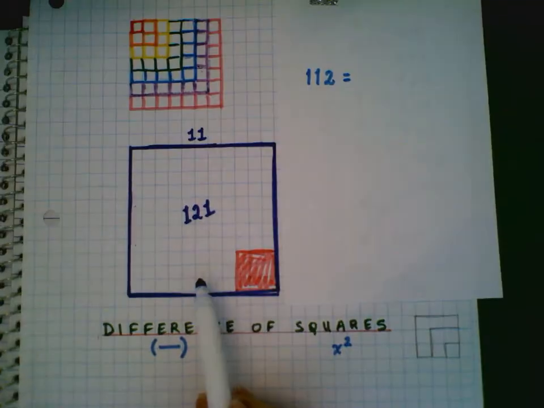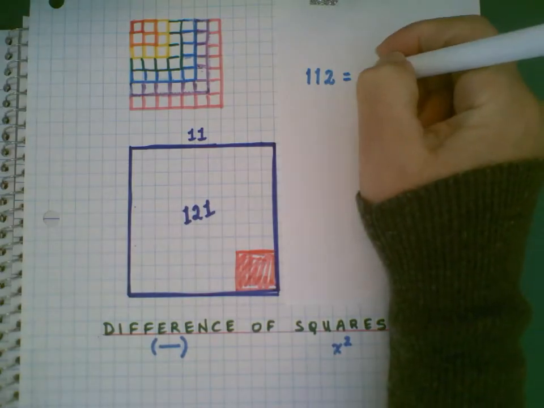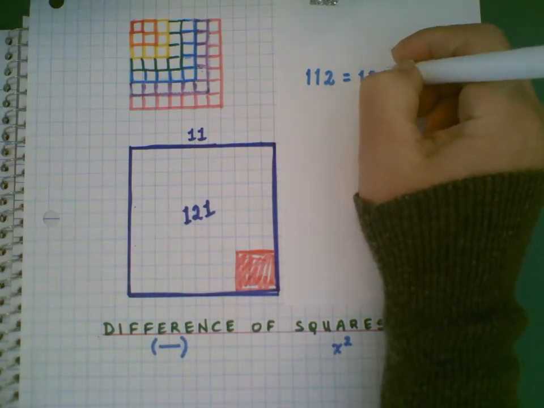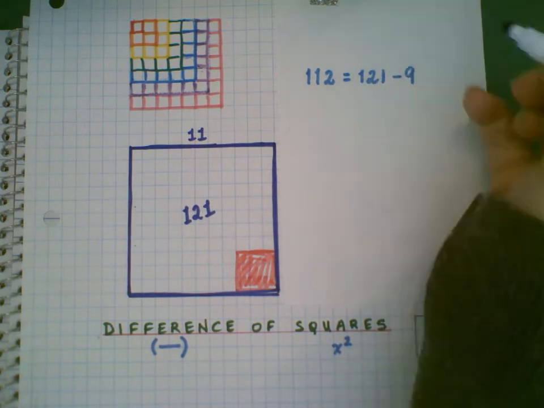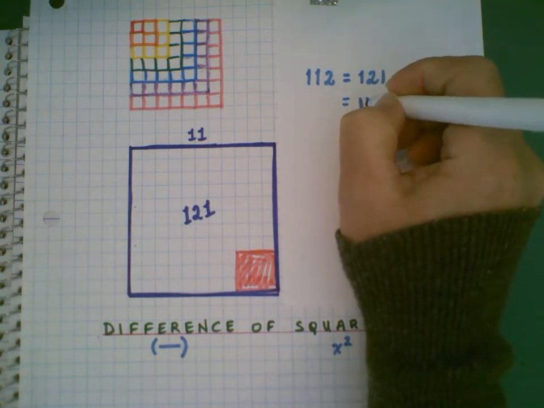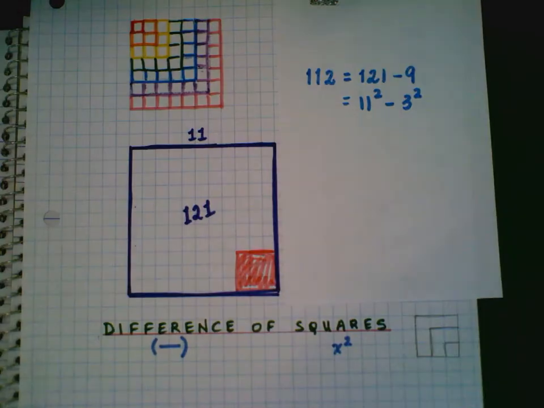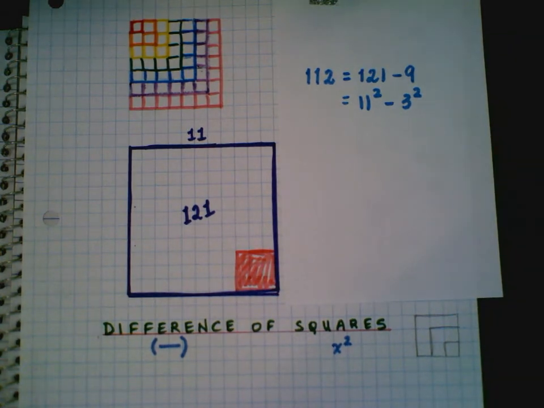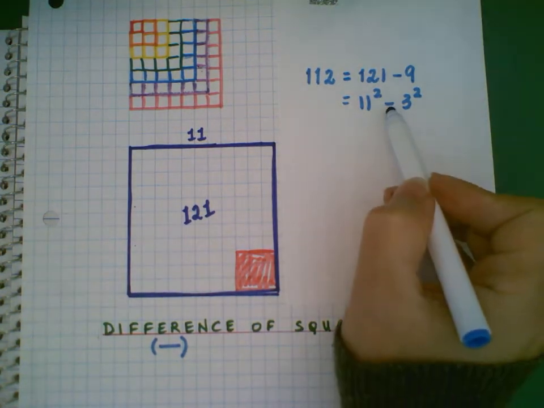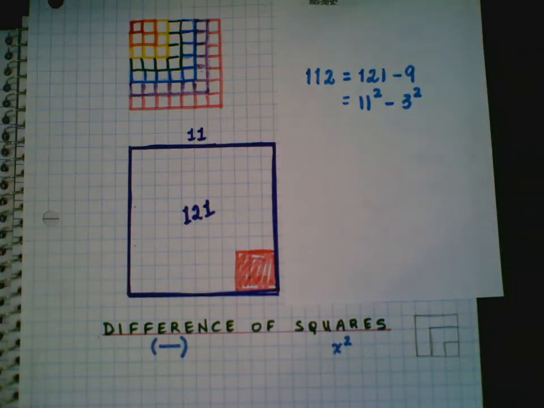So I can say that 112 can be generated by taking 121 minus 9, which is 11 squared minus 3 squared. Quite literally taking a large square that is 11 by 11 and cutting off a 3 by 3 square off of its corner results in a value of 112. That's an example of a difference of two square numbers.